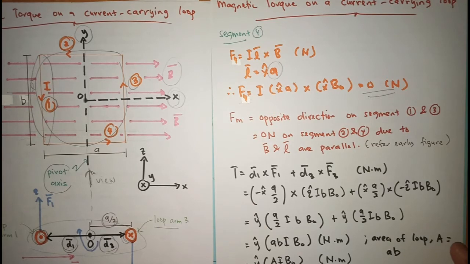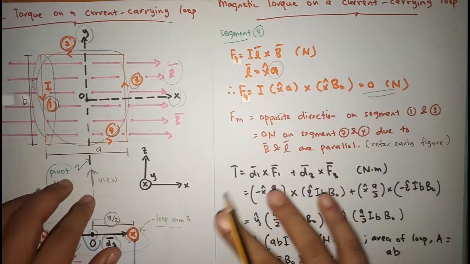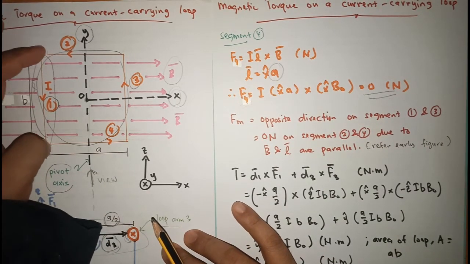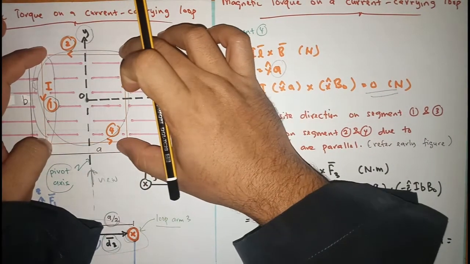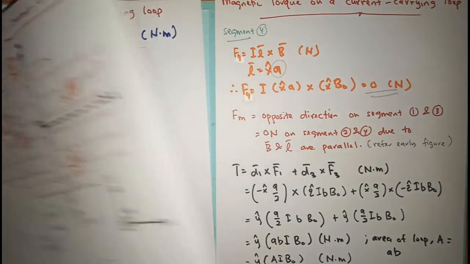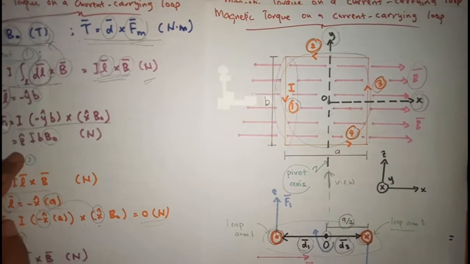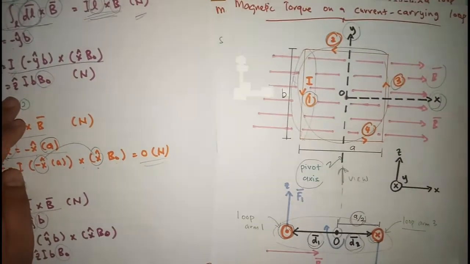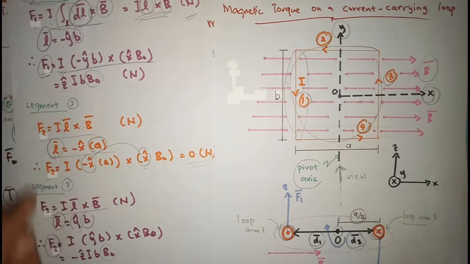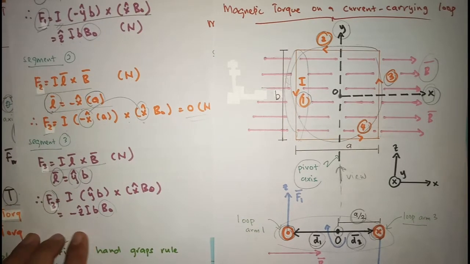Alright, based on what we have derived just now, we have seen that the forces acting on the first and the third segments have the same amplitude. On the first segment it is equal to z cap I b B naught, and on the third segment it is equal to minus z cap I b B naught.